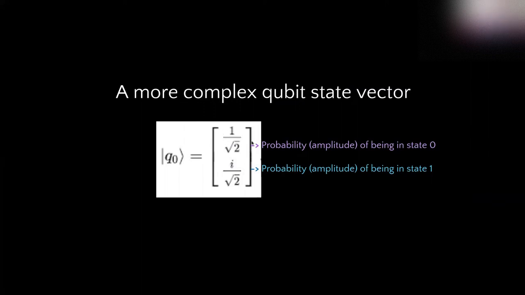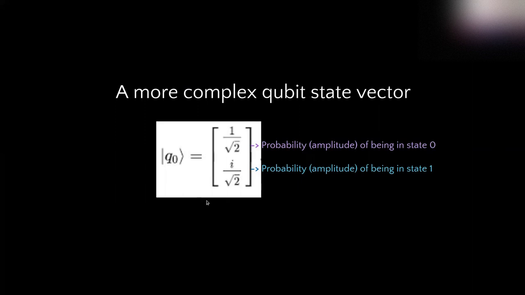But if we square these values and take the absolute value of them without the signs, then what we get will be equal to 1. Therefore, probability is equal to amplitude squared. This over here is the amplitude, and if we square it, then what we get is the probability.